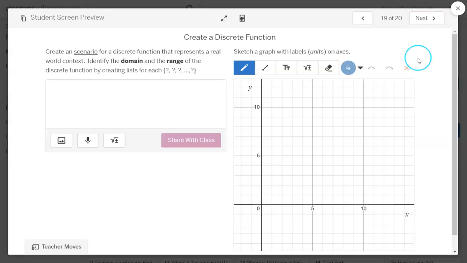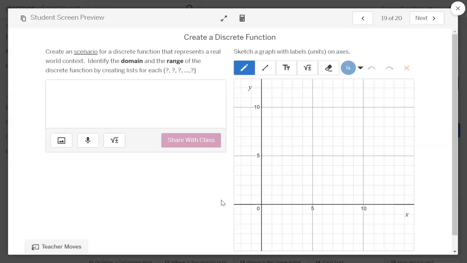And then here is the fun part. They are going to create a discrete function for a real life scenario. So they only have a few in this activity. So you might have a conversation with the class. What are some more things that we talked about in our earlier lesson? You could even pull it back up. One reason I love Google Classroom, and I always use that to push out my assignments, is that if a kid wanted to go back and look at a previous assignment and view it again and think about it again, they could.